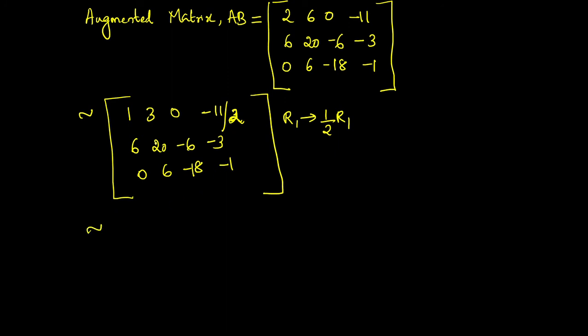Now we have to make all the elements below this one to zeros. So use the row transformation R2 gives R2 minus 6R1.